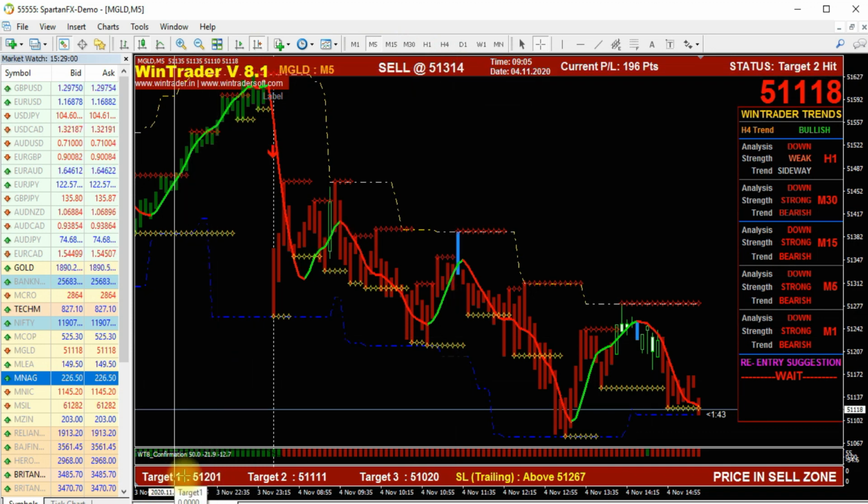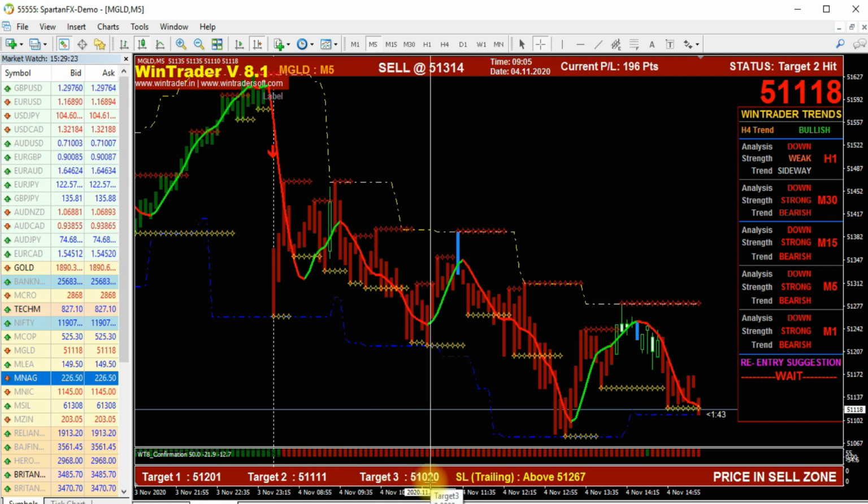The targets will be here: target 1, target 2 and target 3. Right now, so far, two targets are already achieved. Our first target was 51201, the second target was 51111, and the third target is 51020.